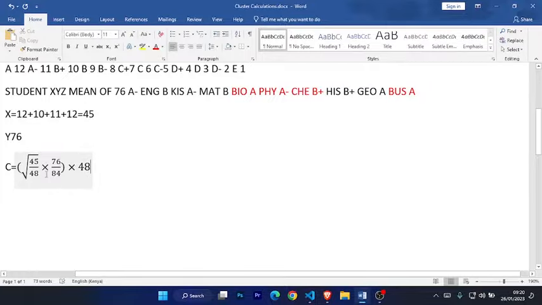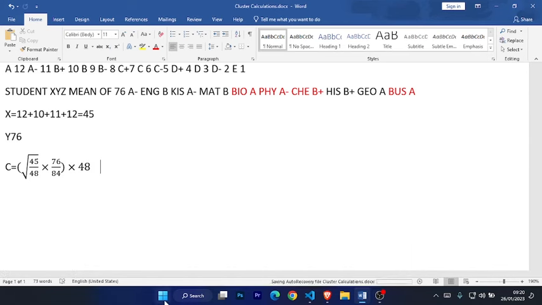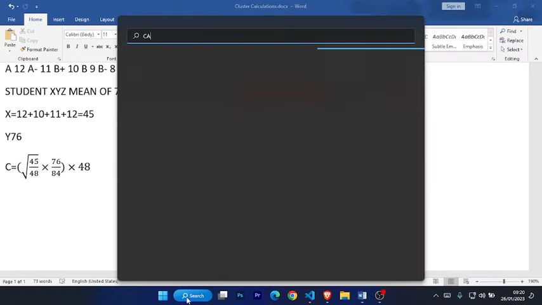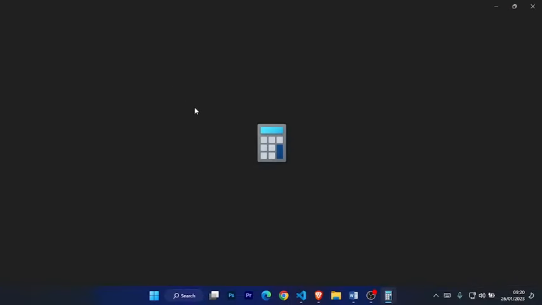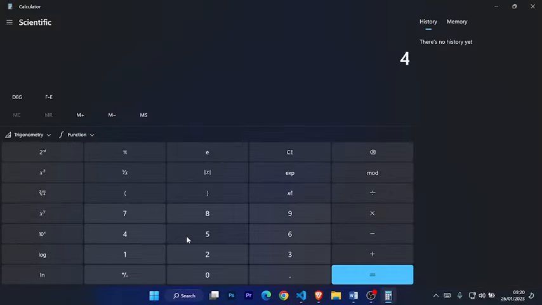Now you calculate 45. Now I think we can calculate together. So 45 over 48, what is that? We come to our calculator here. Forty-five over 48, we'll get 0.9375.